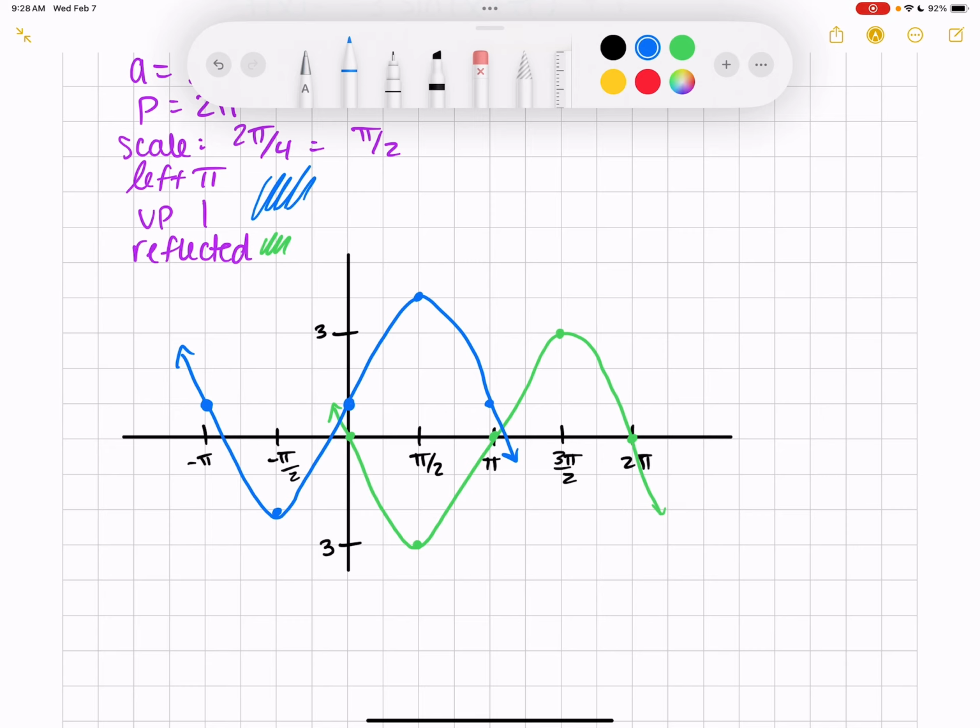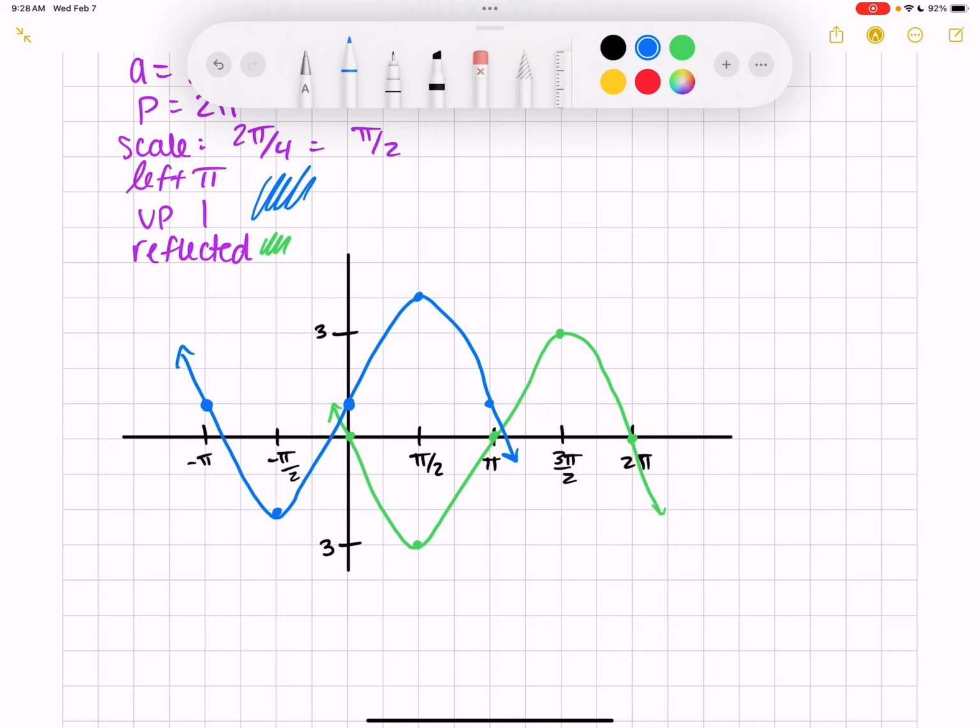And I think I said it yesterday, but if you want to use 2 separate colors, or multiple colors, to do your graphs, that's totally fine. Now cosine, if we have one that's reflected, because I'm going to give y'all one to try on your own, and then we'll go over it together. For cosine, where does the cosine graph normally start? 1.